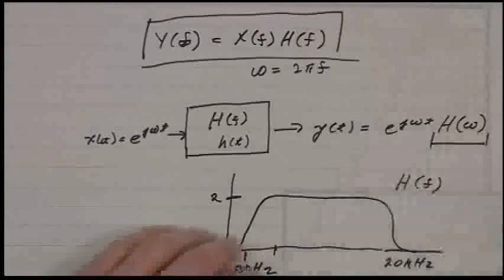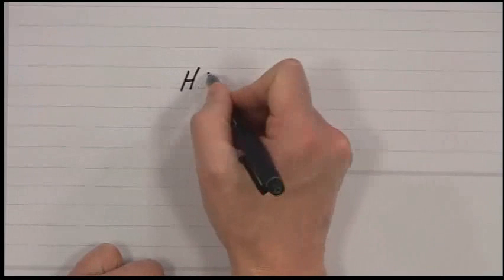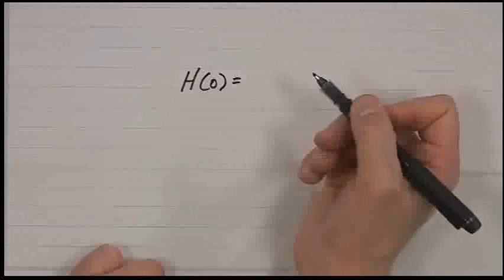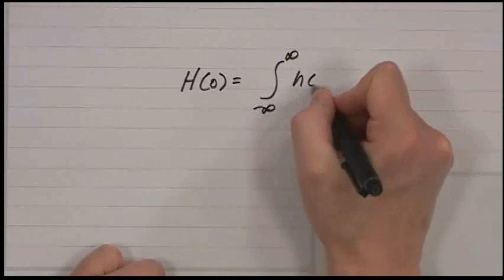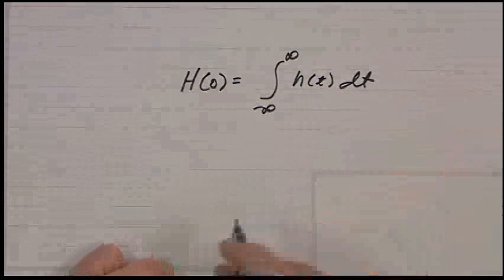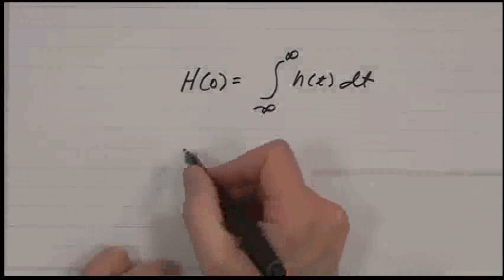This is one of the things that everybody in this class has to learn, and if they don't know it, it's going to be bad on some exam, okay? H of 0 is equal to the integral from minus infinity to infinity of h of t dt. It's the area under the curve. Put another way, just write the Fourier integral down.